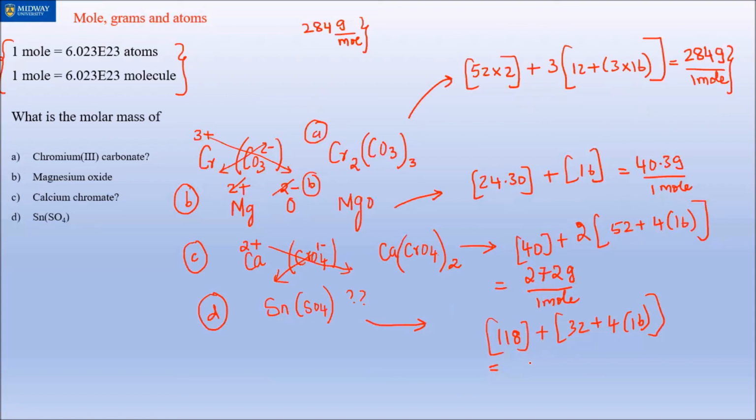It's 214 grams over 1 mole. And this is exactly how you would calculate molar mass given the formulae, or a name where you come up with the formulae. All right, so stay tuned.